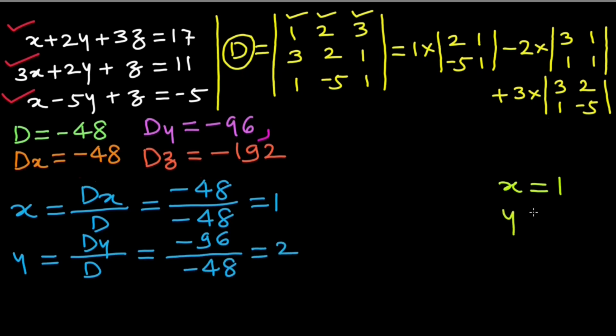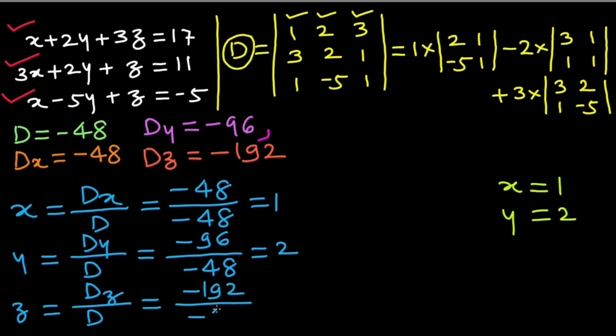So the value of y will be 2. z will be Dz by D, which will be minus 192 by minus 48, which is 4. So the value of z will be 4.